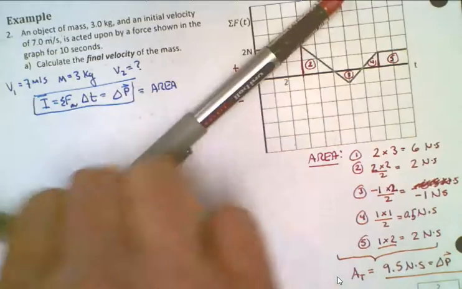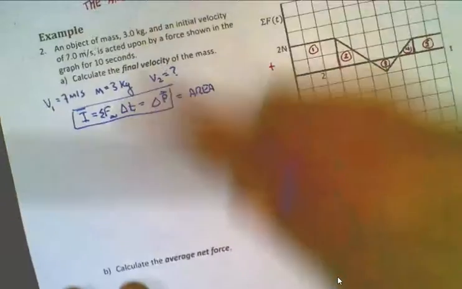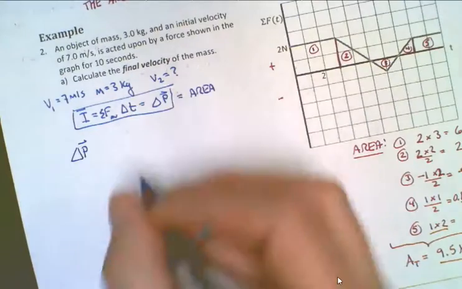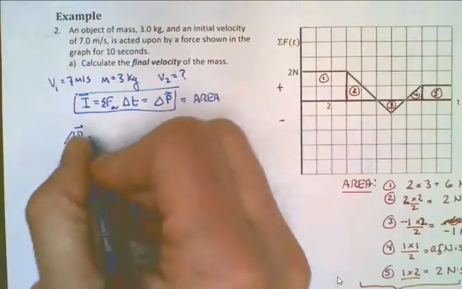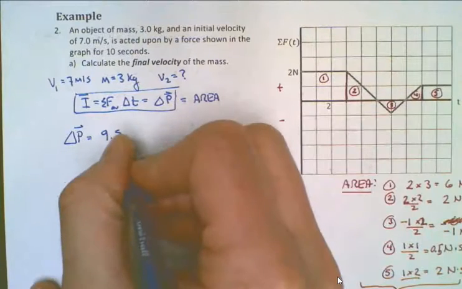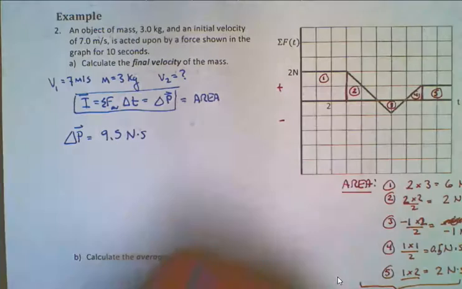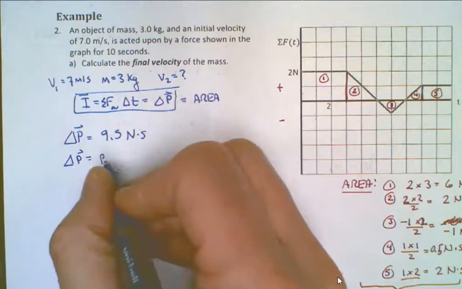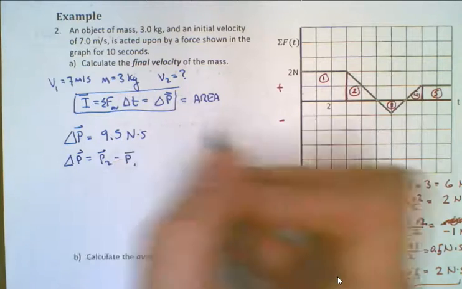So what we do now is we come over here, and we know that delta P, the change in momentum, was simply 9.5 Newton seconds, or kilogram meters per second. And we know that delta P is simply P2 minus P1.